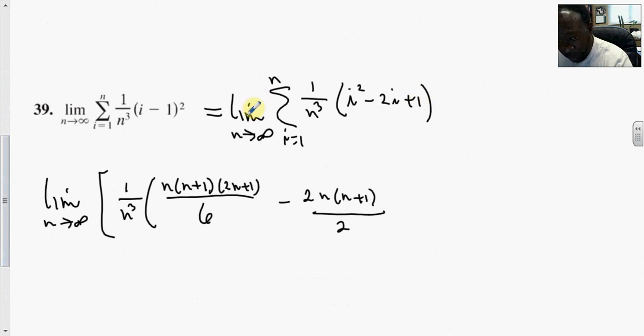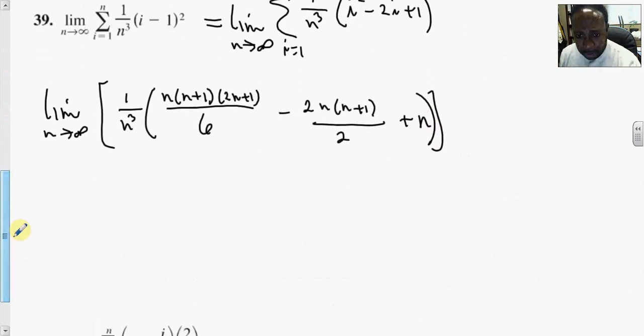So taking the limit of that, the summation of 1, taking n terms, is 1 plus 1 plus 1. How many ones do you have? You have n of them, so this is plus n. That's the part that you've got to watch out for. So now we simplify.